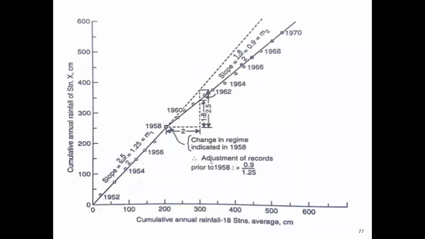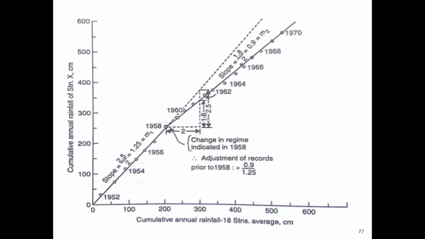Now you can see here, adjustment of record prior to 1958. That means these records have to be adjusted for the current environment by multiplying by the ratios of the slope of the straight line plot after and before the change in the regime has occurred. Whatever these records are have to be multiplied by the ratios of the slope of the straight line plot before and after the change in the environment, correct?